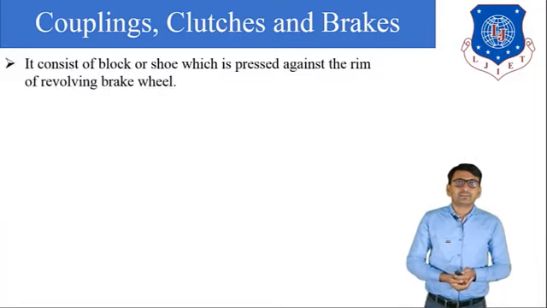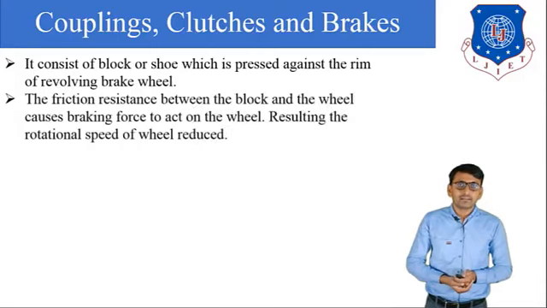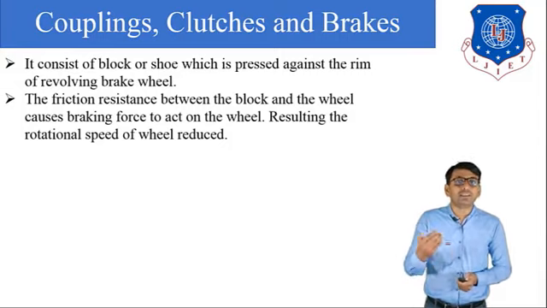It consists of a block or shoe which is pressed against the rim of the revolving brake wheel. The friction resistance between block and wheel causes the braking force to act on the wheel, resulting in the rotational speed of the wheel reducing.